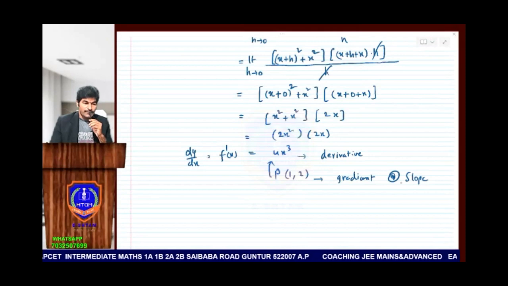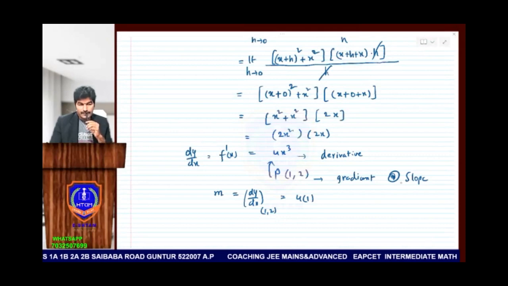Now I am substituting for the slope. Slope is often denoted with m, and m is equal to dy by dx at this point (1, 2). You have to write it like this. There is no y, so we are not able to substitute this 2, because 2 is the y ordinate and 1 is the x ordinate.